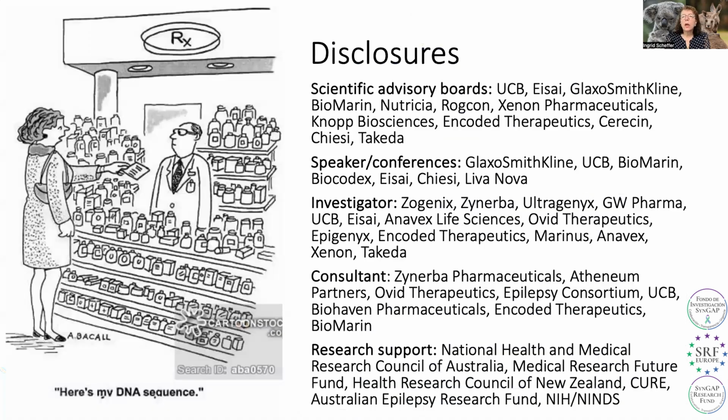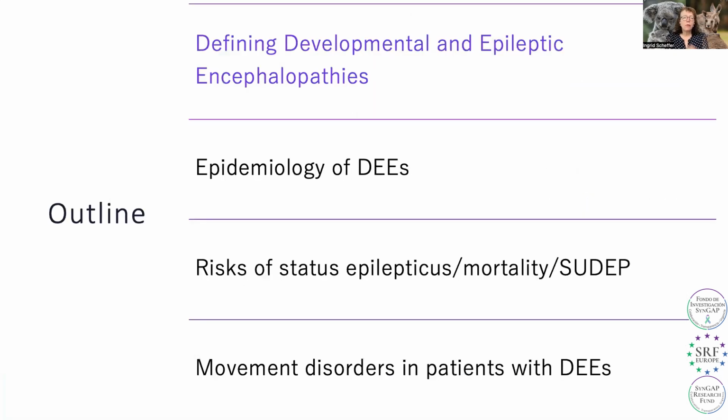So in this talk, I'm going to go through 4 major areas. I'm going to start by defining what we mean by the term developmental and epileptic encephalopathies. I'm then going to turn to some very recent data we have on the epidemiology of different developmental and epileptic encephalopathies, or DEEs.